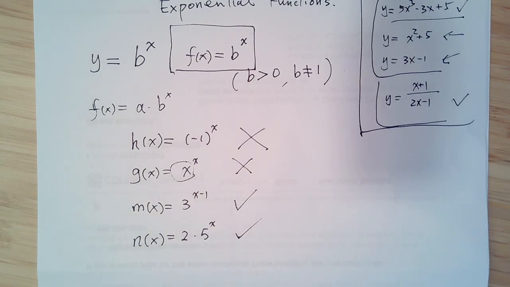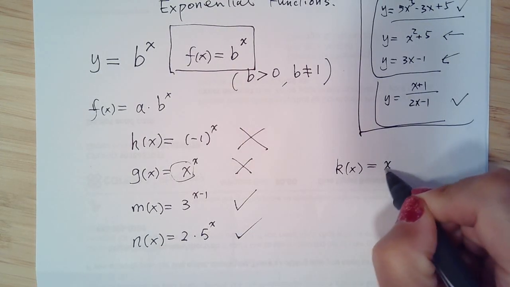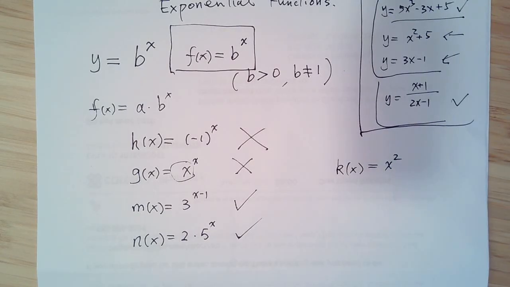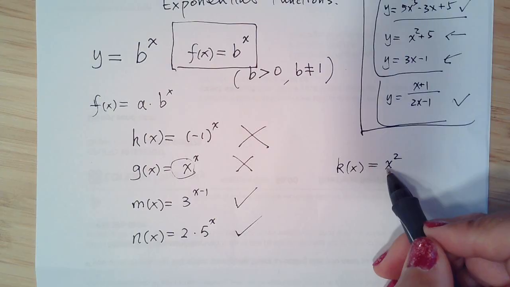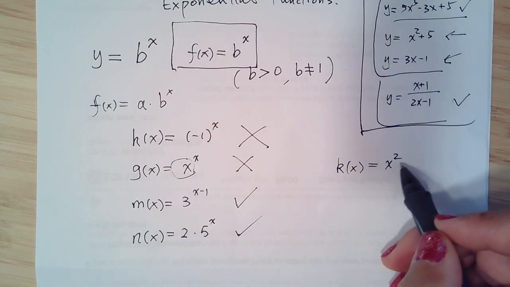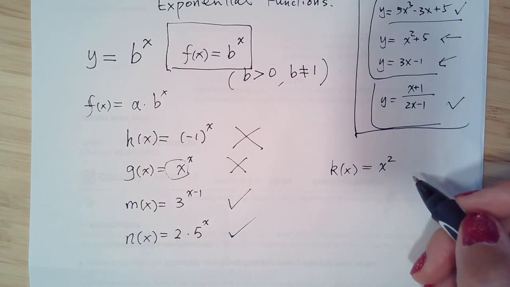Let me give you two more. k of x is x squared. Is this an exponential function? It's not, because the base here is x, not just a real number. This is a quadratic function, not a linear function.